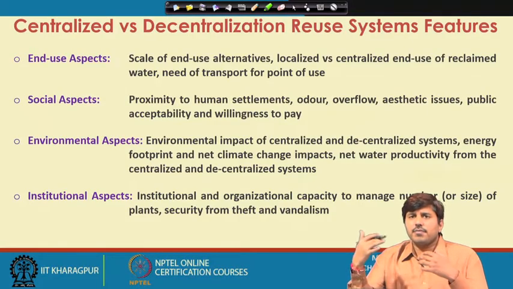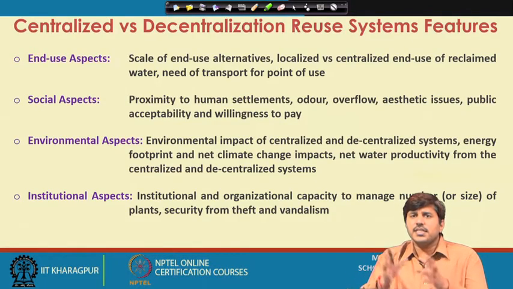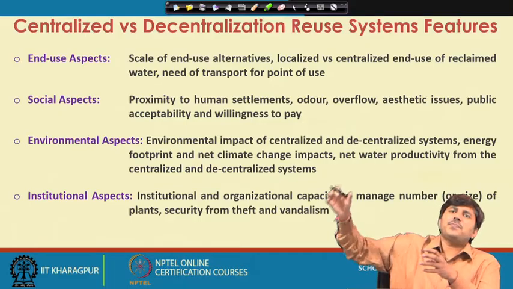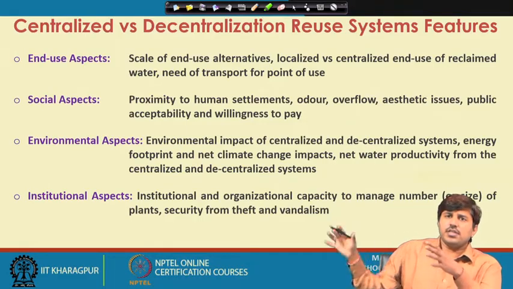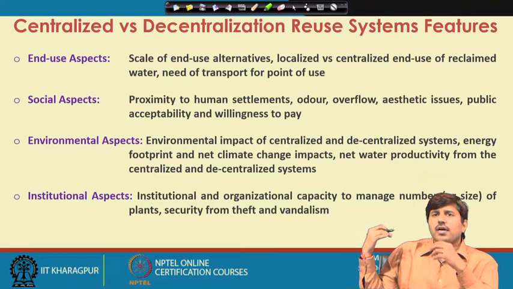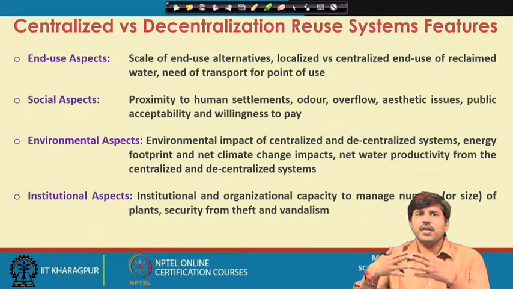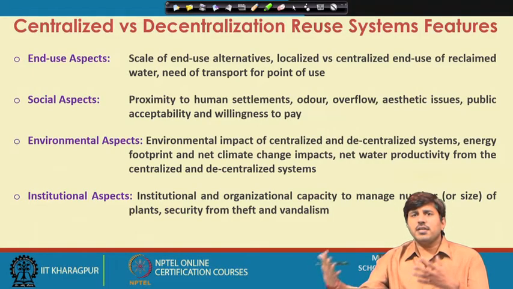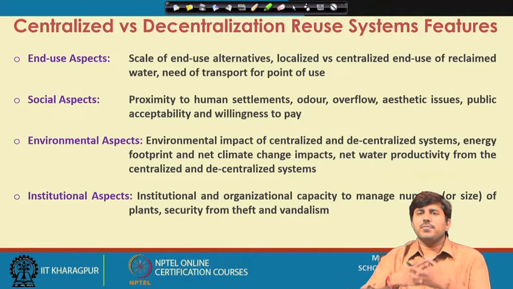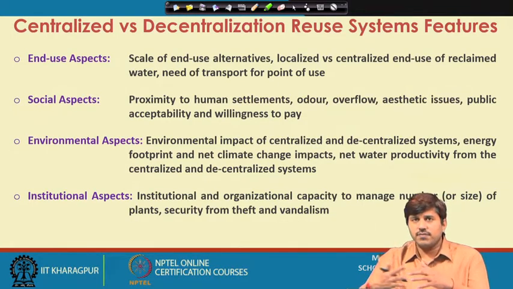Because of the decentralized scale and the several plants across the city or territory, we may have issues in terms of public acceptability. If there is a human settlement, there might be objection that you cannot make a wastewater treatment facility here, because there would be health risk associated with that.